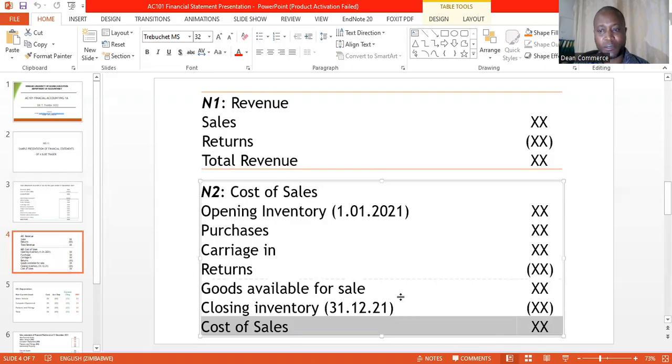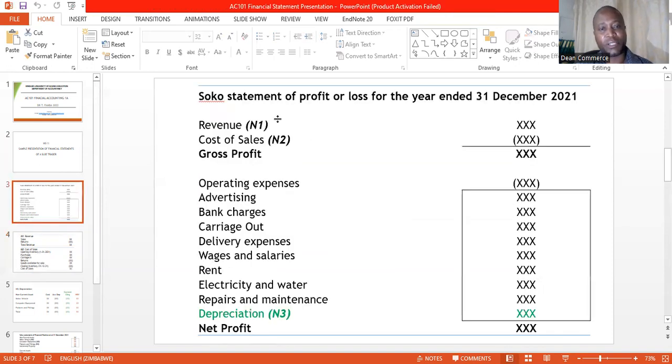So once we have these figures here, we then have to bring the cost of sales to our statement of profit or loss and other comprehensive income, which is here, this figure, note number 2.